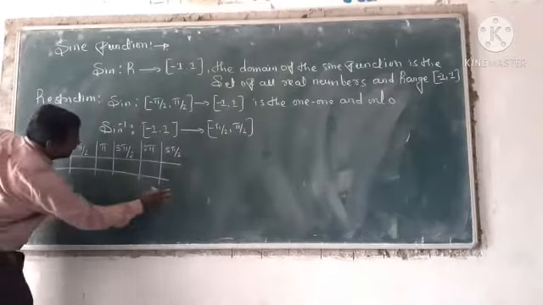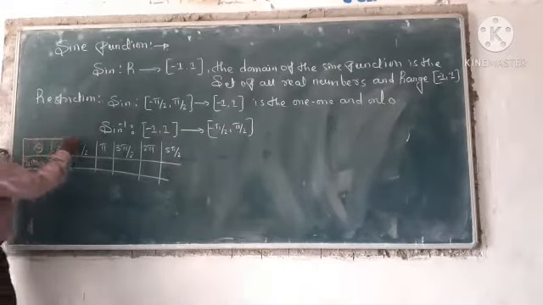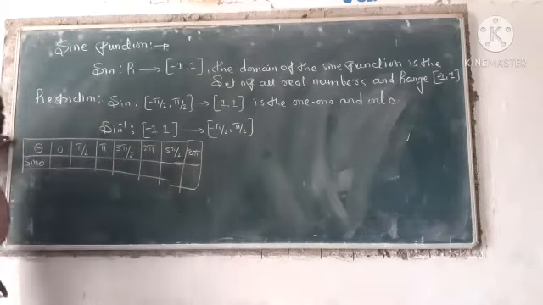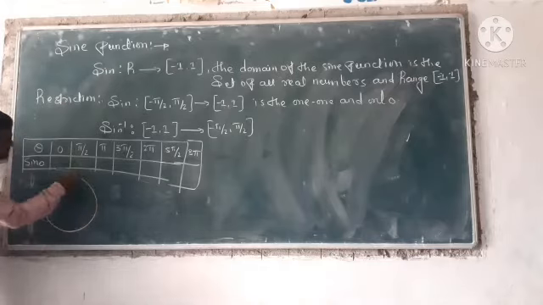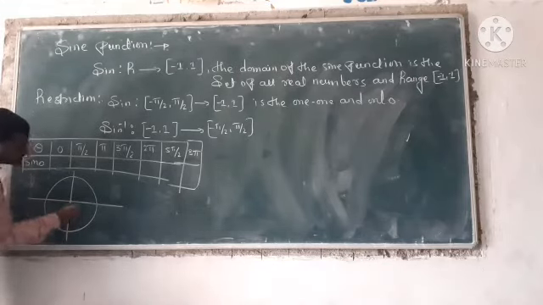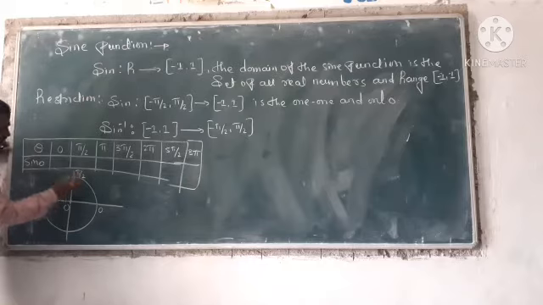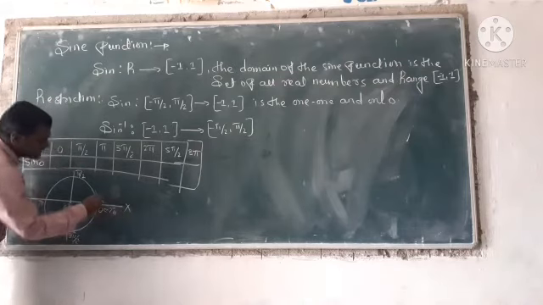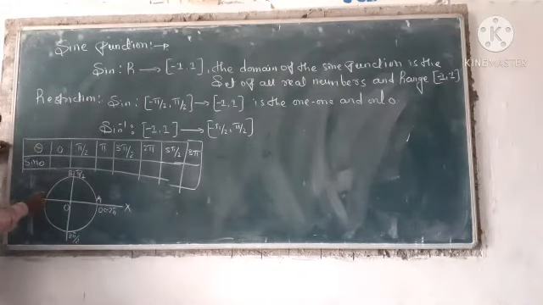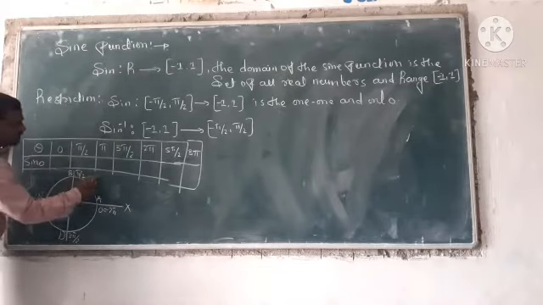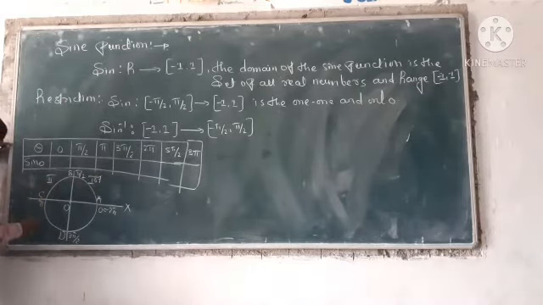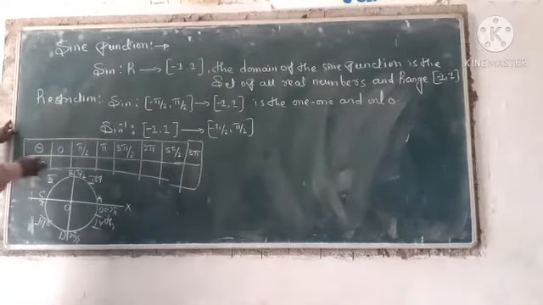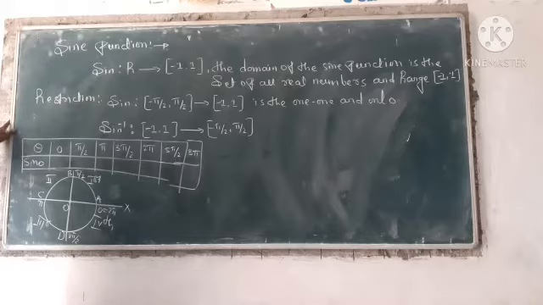You can also take the unit circle. Here x means A, B, C, D: the first quadrant, second quadrant, third quadrant, and here the fourth quadrant. All these things are helpful for the sine inverse trigonometric function.